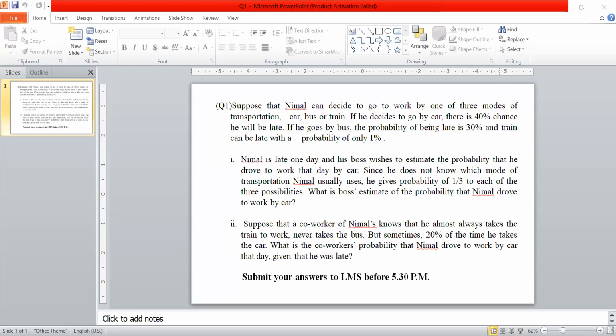Okay, try this problem, do it and submit into the given link in the LMS, okay? You have until 5:30 to submit. You can write on any paper. I just need your answers.